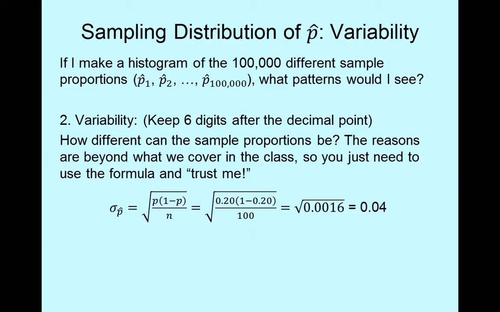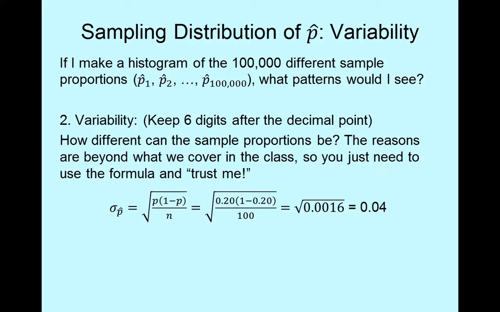proportion. So it's not the 100,000 different P hat values, but rather it's how many values go into a single P hat calculation. So in our example, that would be the square root of 0.20 times 1 minus 0.20, or 0.80, divided by 100.